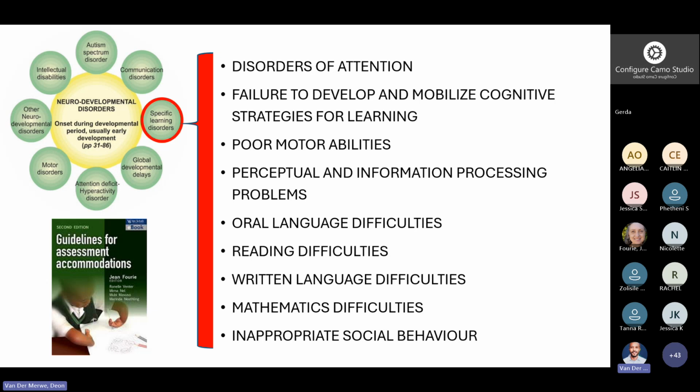And that is attention issues, that is hyperactivity, distractibility, short attention span. There are also the cognitive struggles, where a learner might have trouble organizing thoughts, using active learning strategies, or thinking critically.